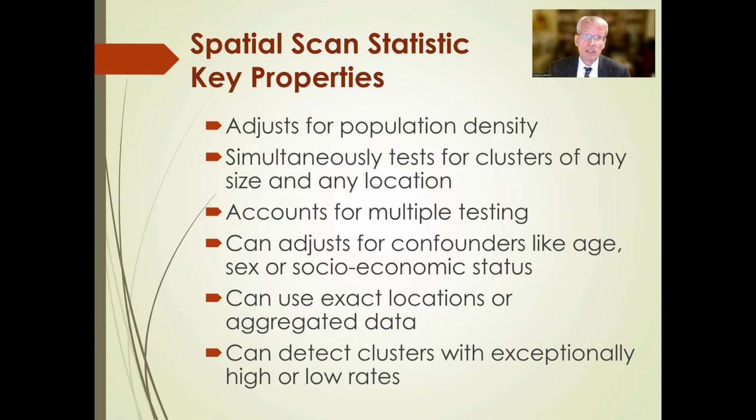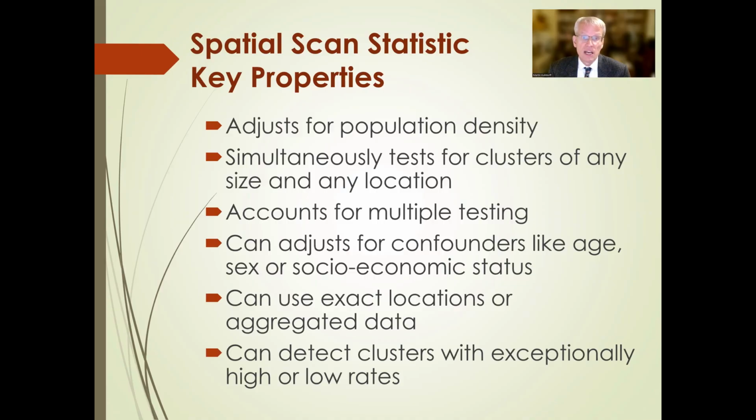Some of the properties of the spatial scan statistic are that it adjusts for the population density. So, for example, there's obviously more breast cancer in Des Moines, Iowa, because it's a big city, but it adjusts for the population density through the expected counts. It simultaneously tests for clusters of any size and any location, small, large, medium, north, south, east, west, and so on.